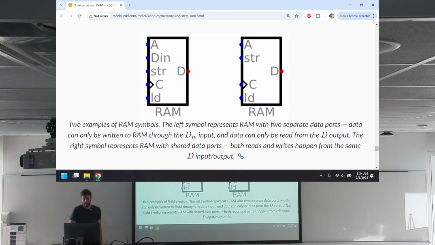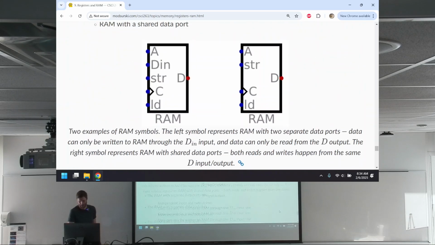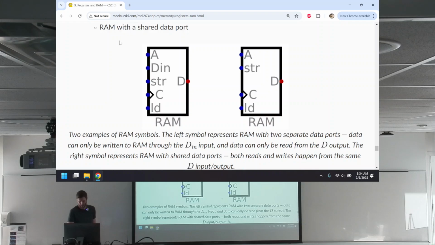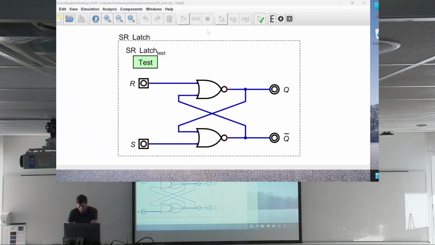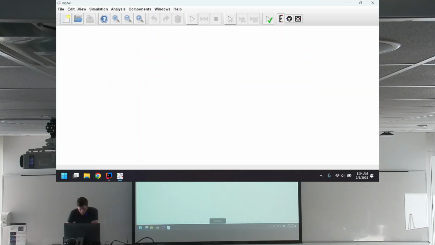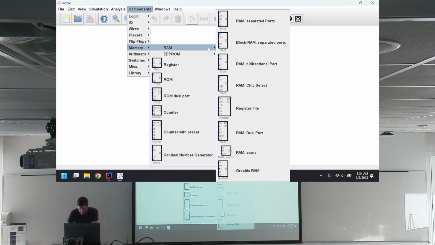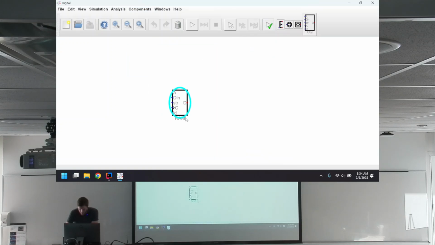And you can say, wow, they're so different, but they're not really, because these 2 things are often hooked up to the exact same one line in the end. Let me show you what I mean. Memory, RAM, separate ports.